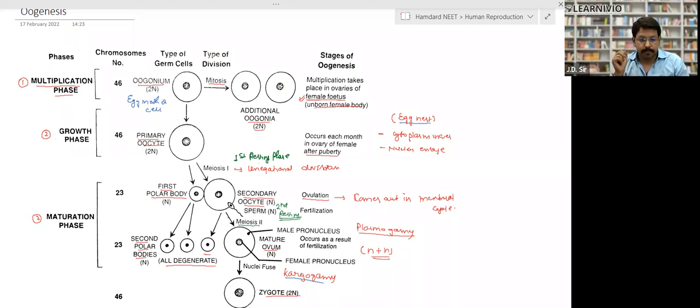Due to this, formation of a mature ovum and free polar body takes place.